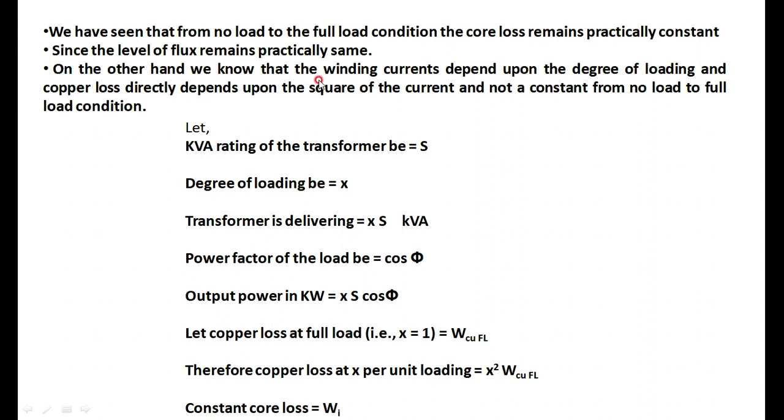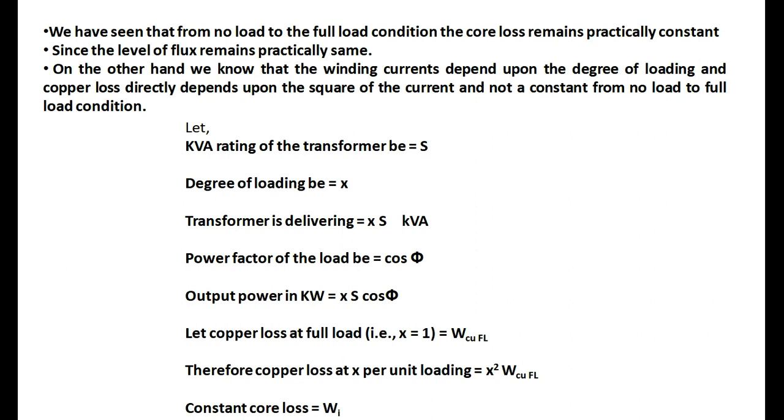On the other hand, we know that the winding current depends upon the degree of loading. However, the copper loss is nothing but I square R loss. The value of the current I drawn by the transformer, or delivered to the load, depends upon the loading factor of the transformer.